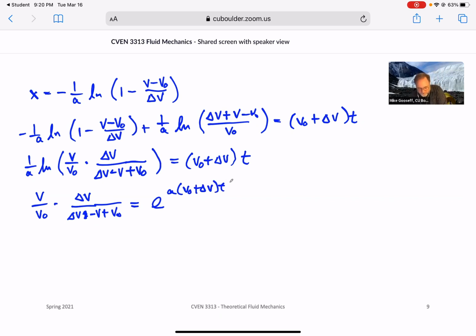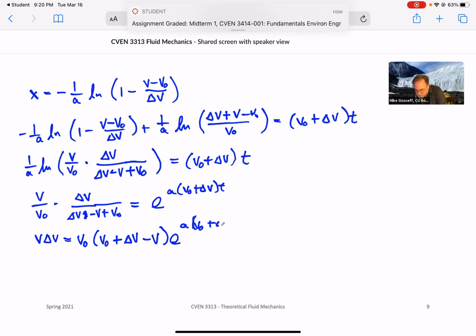And we can take it a step further then. V times delta V, if we simplify this on the left-hand side, is equal to V naught times V naught plus delta V minus V times E to the A V naught times V naught plus delta V, and then all of that times T. And then this gets a little bit messier here.